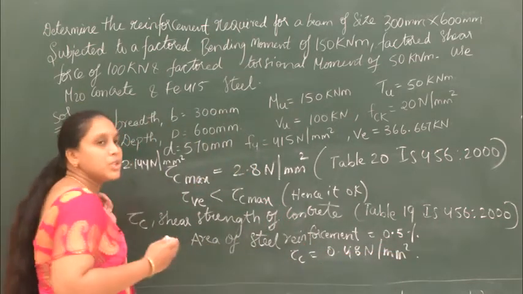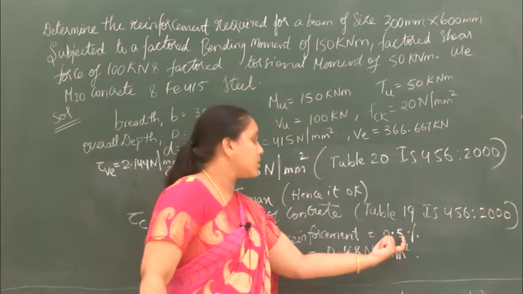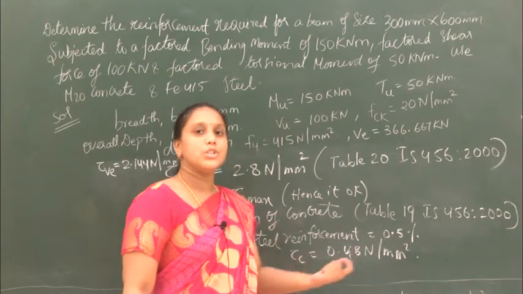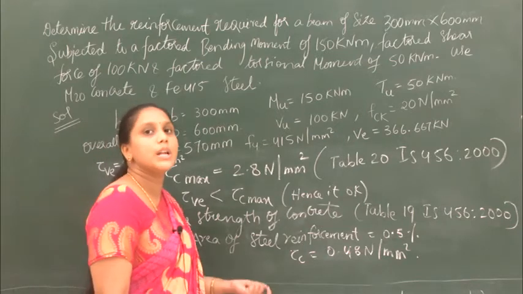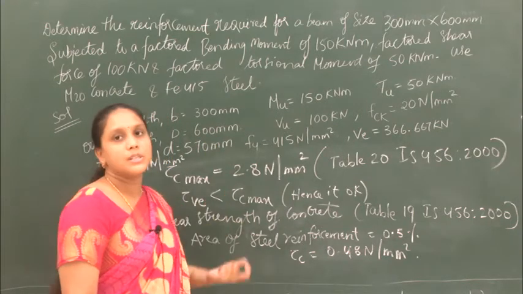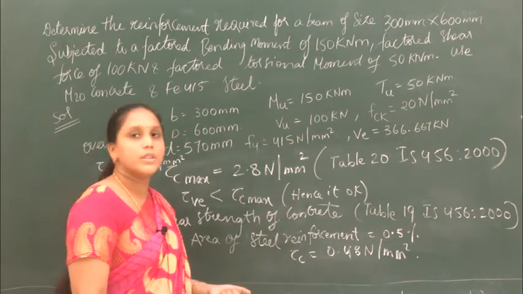So this is my assumption. You can assume this percentage area of steel either as 0.75 or as 1, anything which is present in table 19 of IS 456-2000.